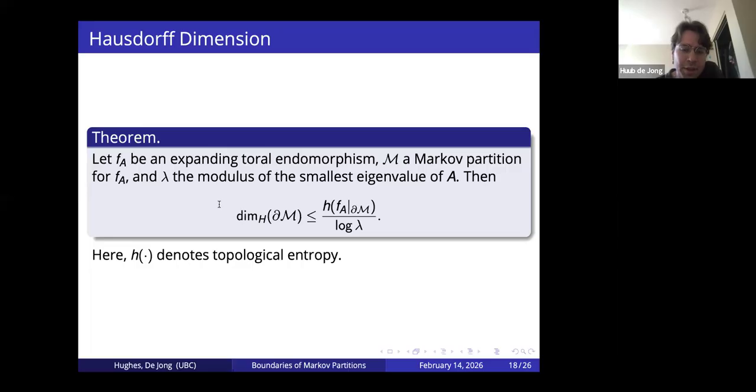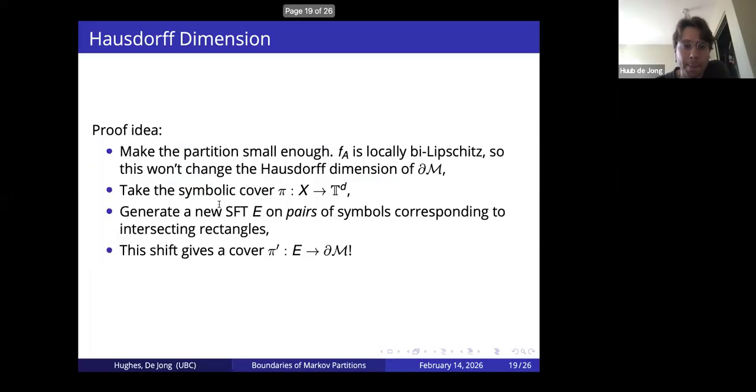But the argument here can be extended to other cases as well, and I'll touch on that in a second. The idea is to use the symbolic dynamics that we get from the partition. So the first thing I need to do is make my partition sufficiently small, which I can do in a way that's fairly natural.